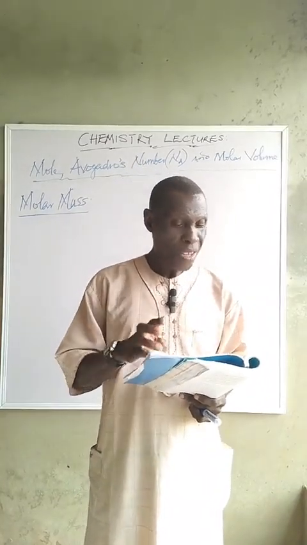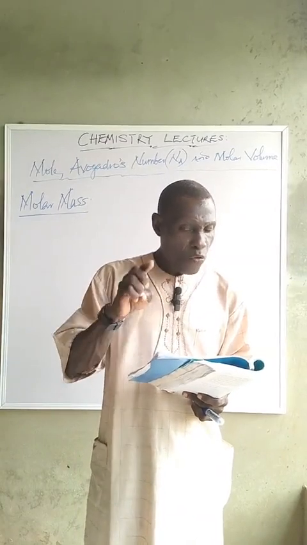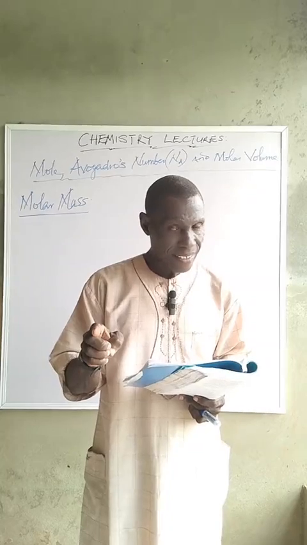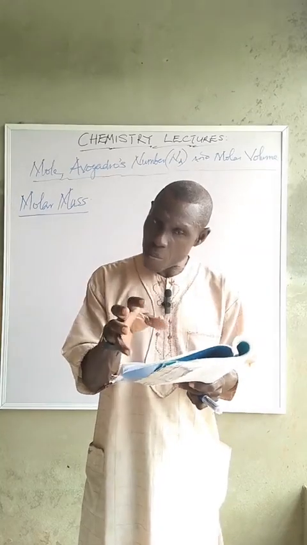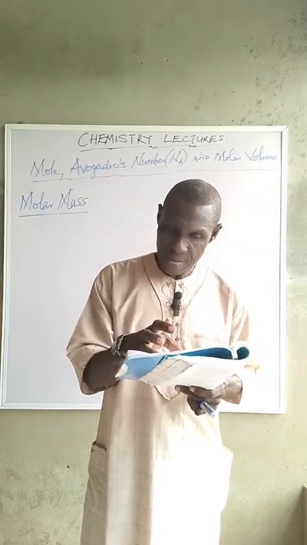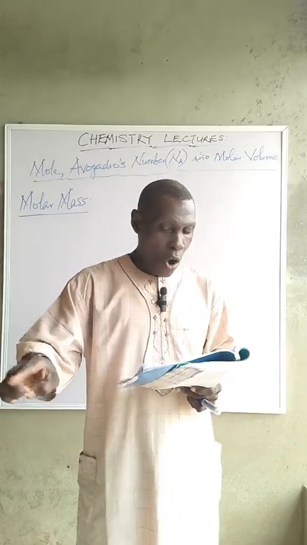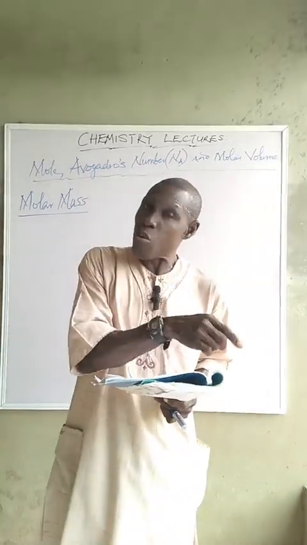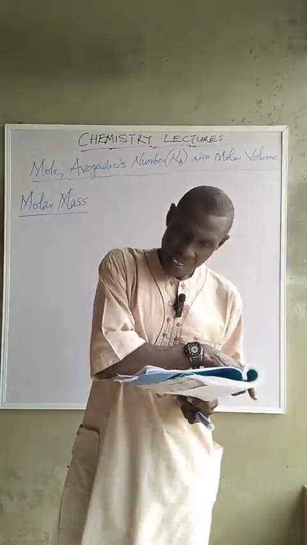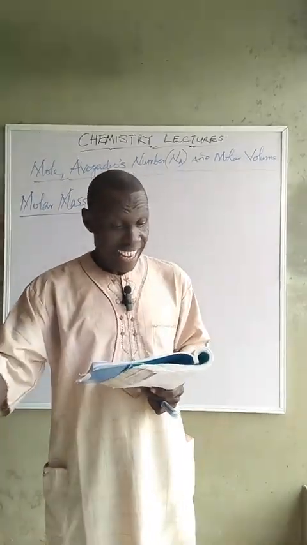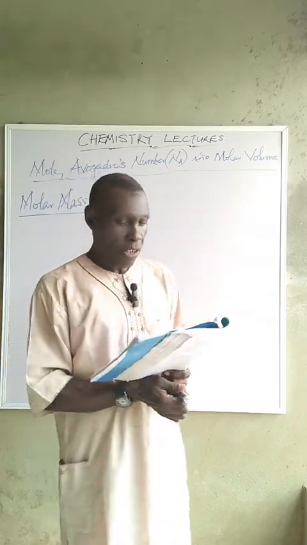Come again. The mass of one mole of a substance is what? The sum, the total of the relative atomic masses of all the atoms in its molecular formula as it is expressed in grams. For example, look at this.